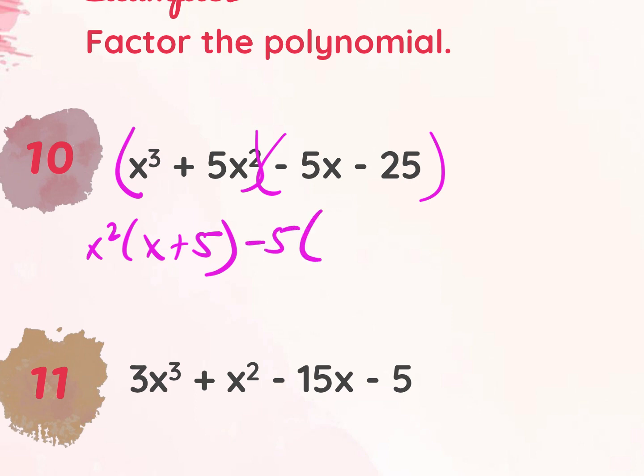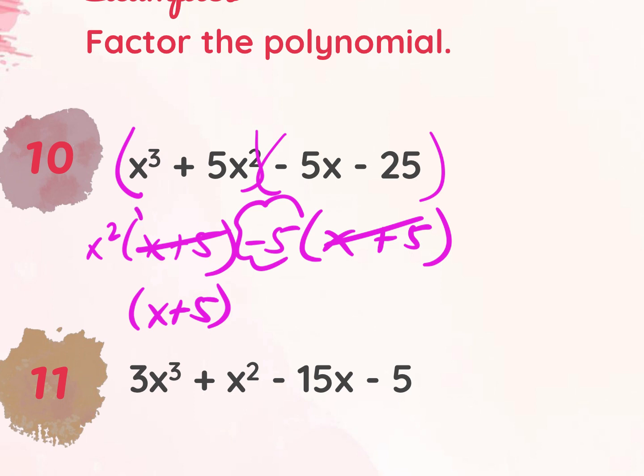Negative 5, good. You lead with a negative, take it out. When I divide negative 5x and negative 5, I'm left with x. When I divide negative 25 divided by negative 5, I'm left with what? Positive 5. So what am I going to write out front one time? X plus 5. And then what happens with my leftovers? They get their own home, right? And we check to see if we can factor more.